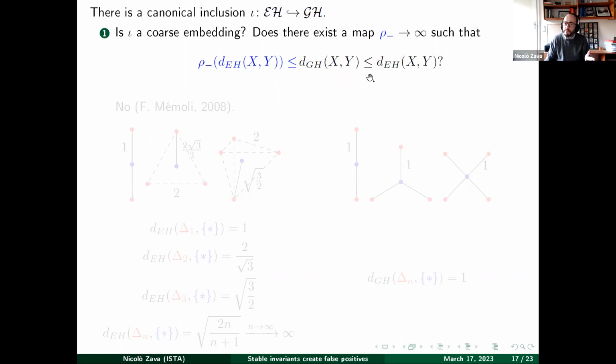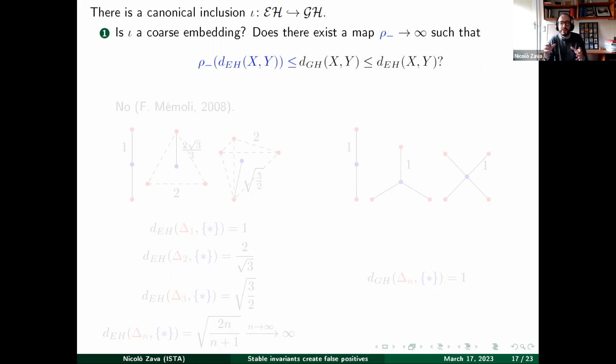What is always true is this upper bound: the Gromov-Hausdorff distance is always bounded from above by the Euclidean Hausdorff distance. Why? Because the Euclidean Hausdorff distance is kind of lazy.